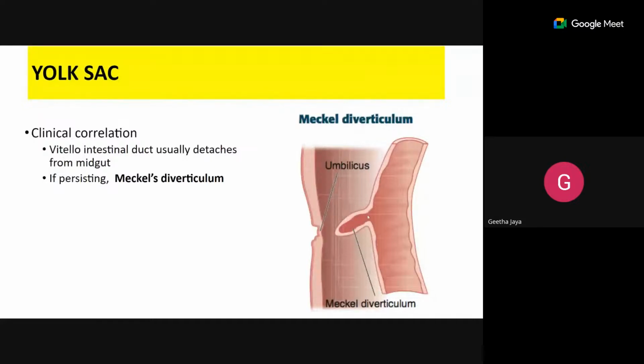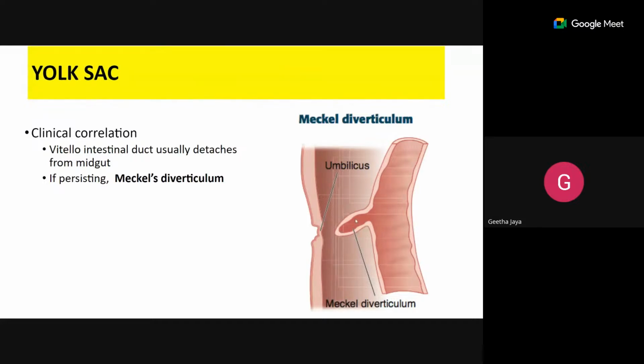It can persist close to the midgut, or it can persist close to the umbilicus, or it can become a patent tube throughout. If it is patent throughout, you will have the contents coming out of the gut through the umbilicus. That will be a fecal fistula. Or it can persist close to the gut tube alone.